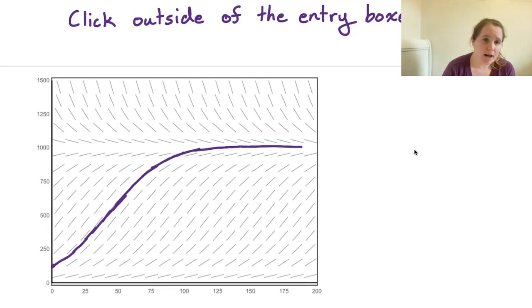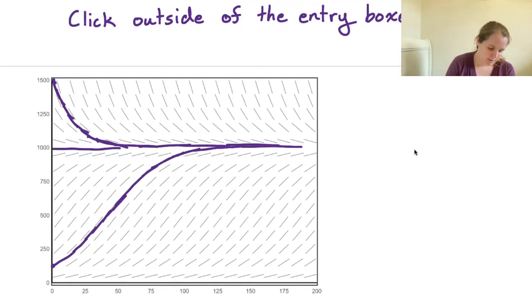If I start up high, say at 1500, I'm going to work my way down at a fairly steep rate and then level off. And presumably there's somewhere in the middle where we will go flat. So we can easily do this pretty much by hand, just adding them in, or we can use our technology. So I'm going to go ahead and switch over to the technology and again, draw the solution curves there.